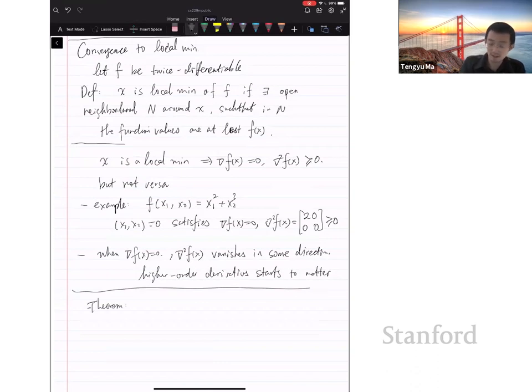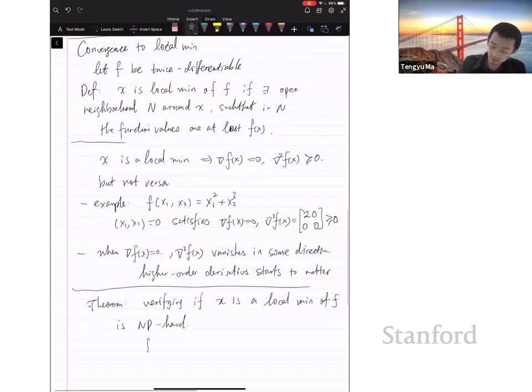The theorem is that verifying if x is a local minimum of f, without any assumption, is actually NP hard. So finding a local minimum is also NP hard.